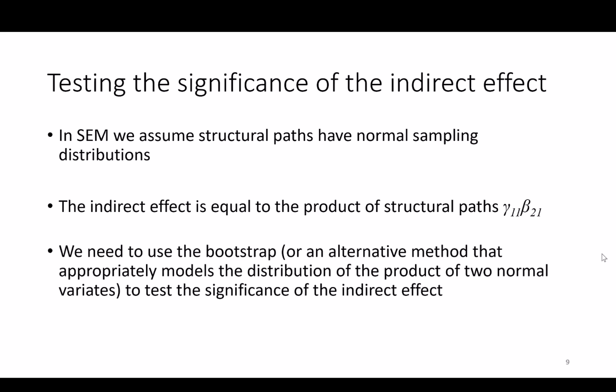So as we know, we either need to appropriately accommodate the distribution of the product, or we need to not make any distributional assumptions about the product of gamma 1,1 and beta 2,1. We could use the distribution of the product confidence limits here, but we can also use the bootstrap, which will be a little bit more straightforward in lavaan, and also it extends easier to more complex models.